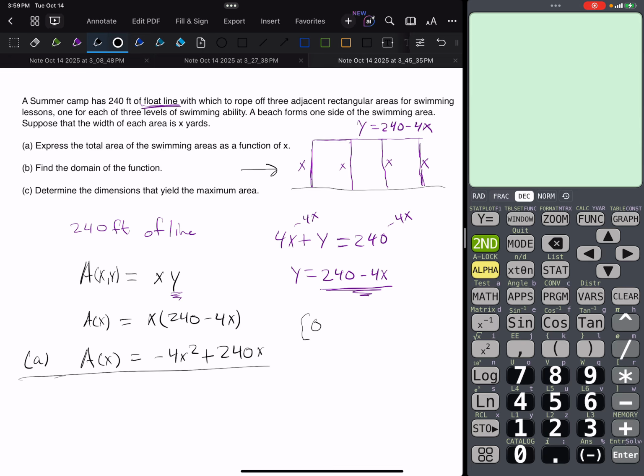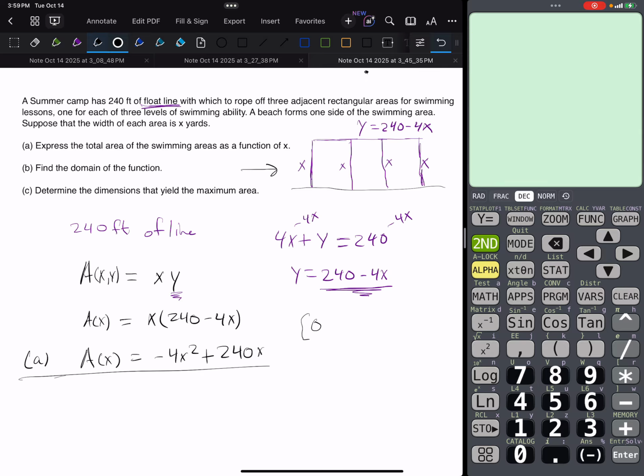And so what happens is we get out to a point where all 4 x's are going to be coming off the same point there. And that point is going to be what? It's going to be whatever value turns this into 0, right? We could set that up as an equation, but it's also just 240 divided by 4.